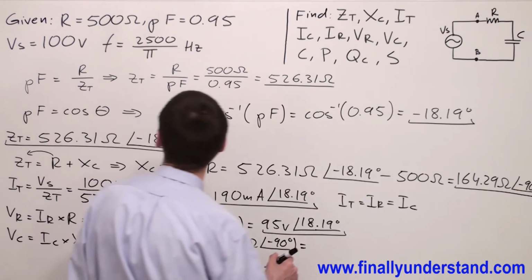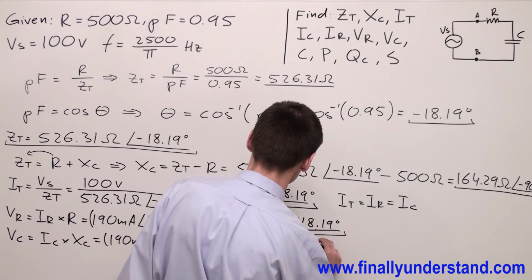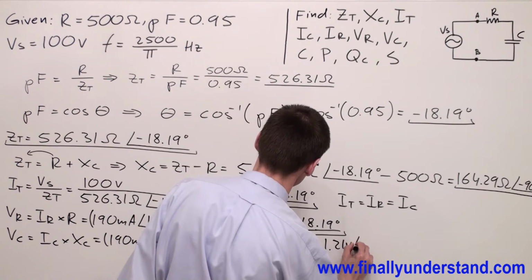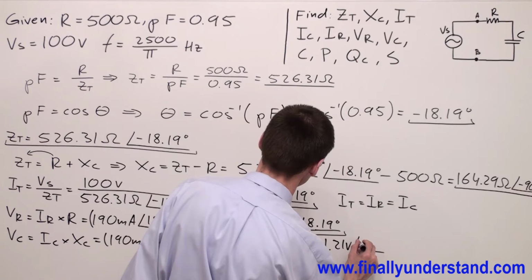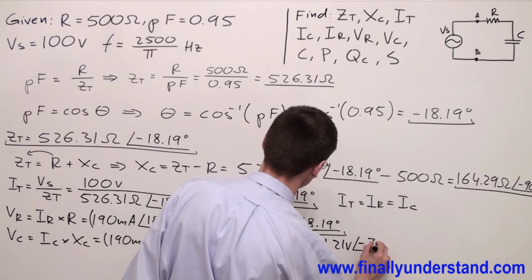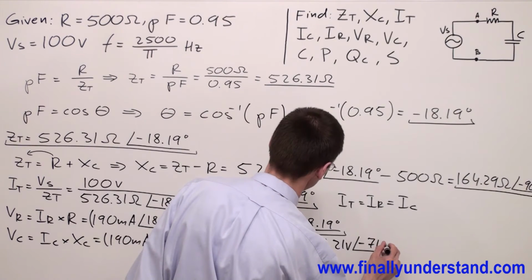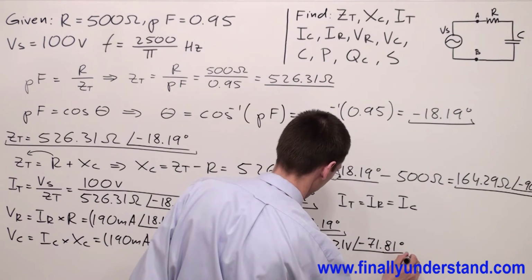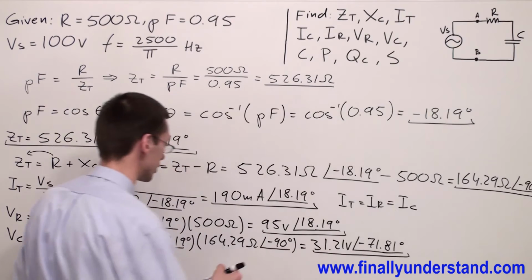This is equal 31.21 volts and angle of negative 71.81 degrees. This is the voltage across the capacitor.